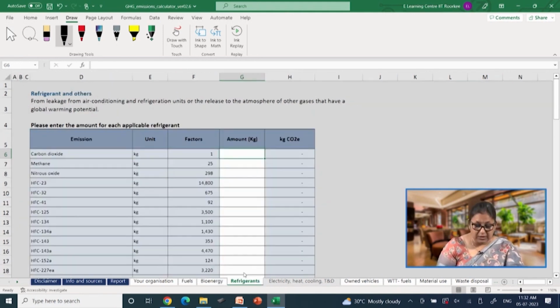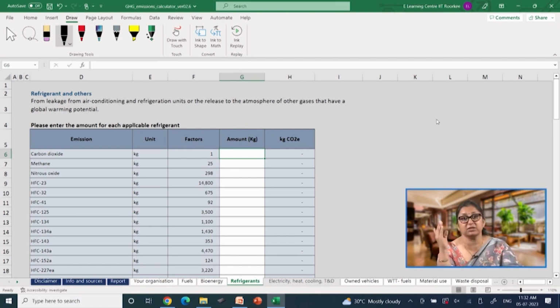Then we have refrigerants. This is fugitive emission that we are talking about, from leakage from air conditioning and refrigeration units or the release to the atmosphere of other gases that have a global warming potential. Now, these are fugitive emissions. So, in a particular year, suppose we are reporting it for this year 2023, if fugitive emissions have taken place, if there has been a gas leakage or if there has been a gas replacement, it could be a small facility, for example, my residence.